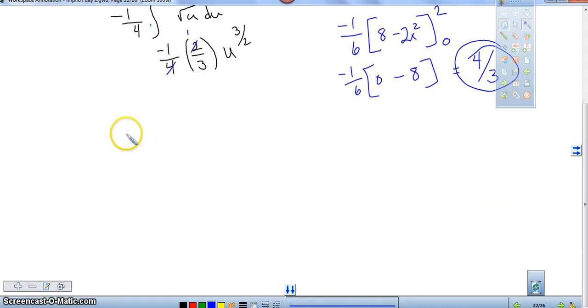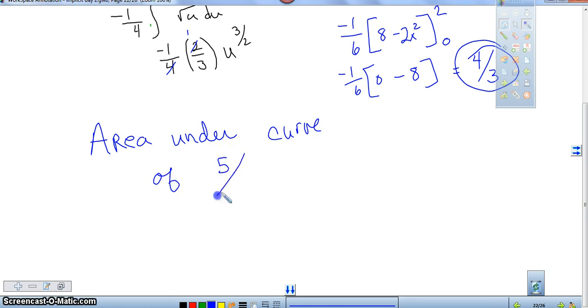Okay. What if you want to find the area under the curve of 5 over the square root of 25 minus x squared on the interval from 0 to 4? Well, this would be the same thing.